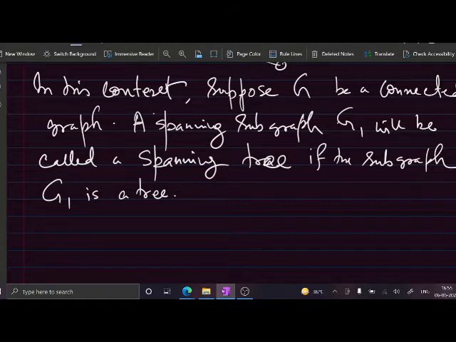That is, if G1 is acyclic and connected.